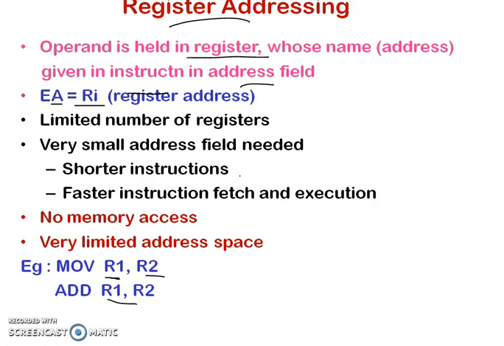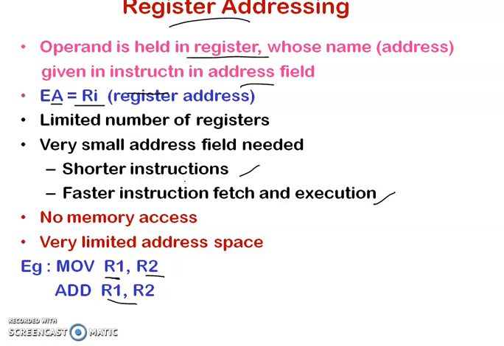As I have said in the instruction type, if the instruction uses registers in the operand field, its size is very small compared to a memory location as an operand field. So in this case, instructions are shorter and faster instruction fetch and execution is done.